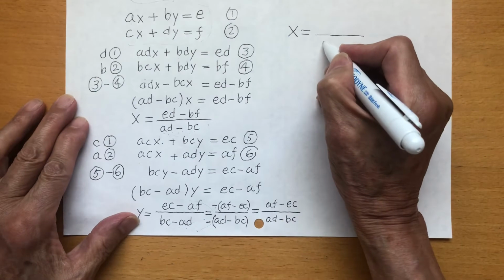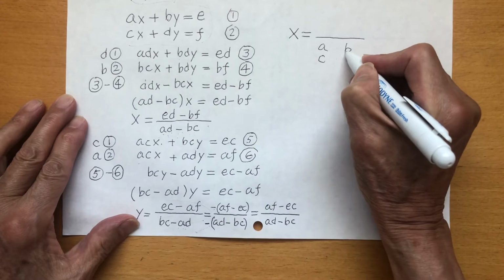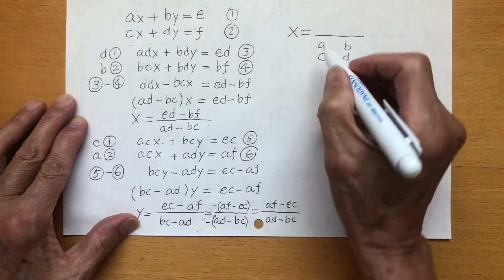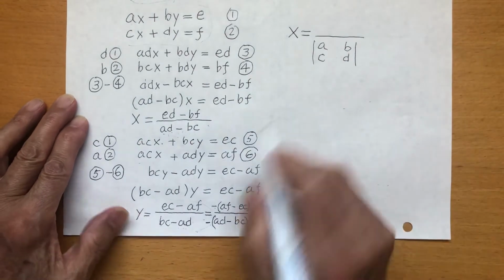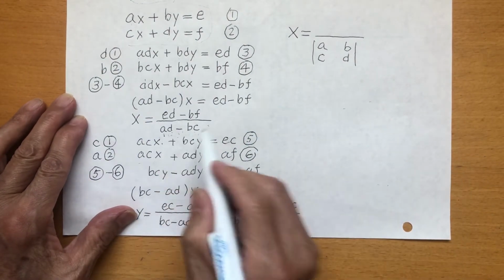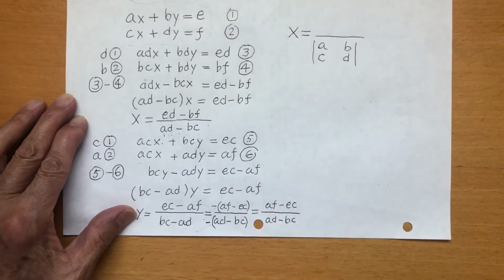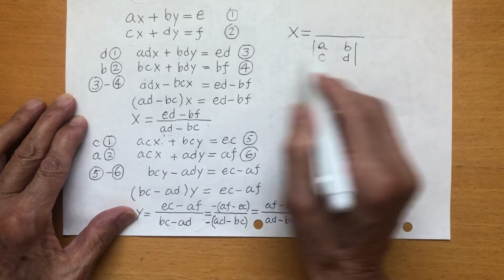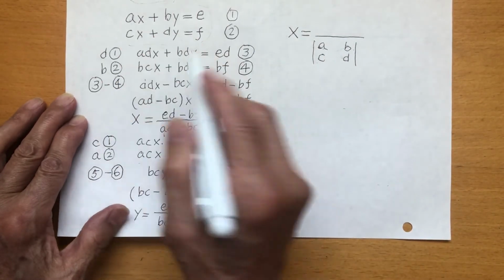Write A, C, B, D. These are A, B, C, D here, A, B, C, D, with the understanding the denominator is AD minus BC. It's AD minus BC. So that's easier to remember. AD minus BC, right? ABCD is just the way the two equations are given.